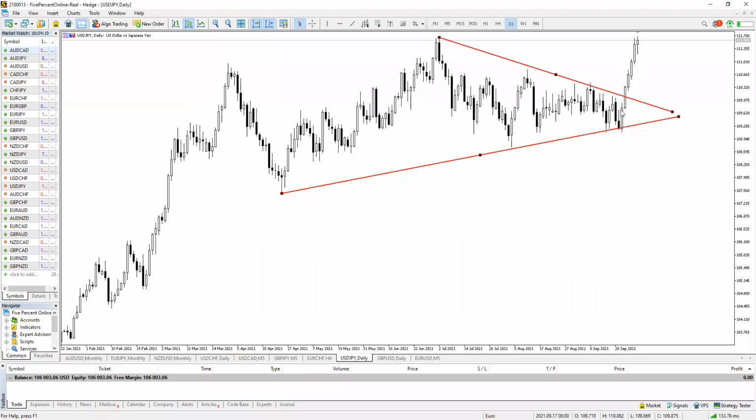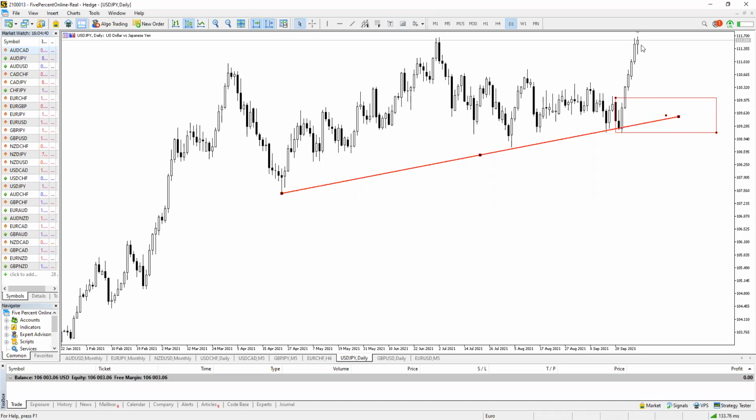Usually you wait for a pullback and then a continuation higher, and that's right, as long as you have fresh demand being created here. So you need to go to lower time frames to see if there's any demand created there.